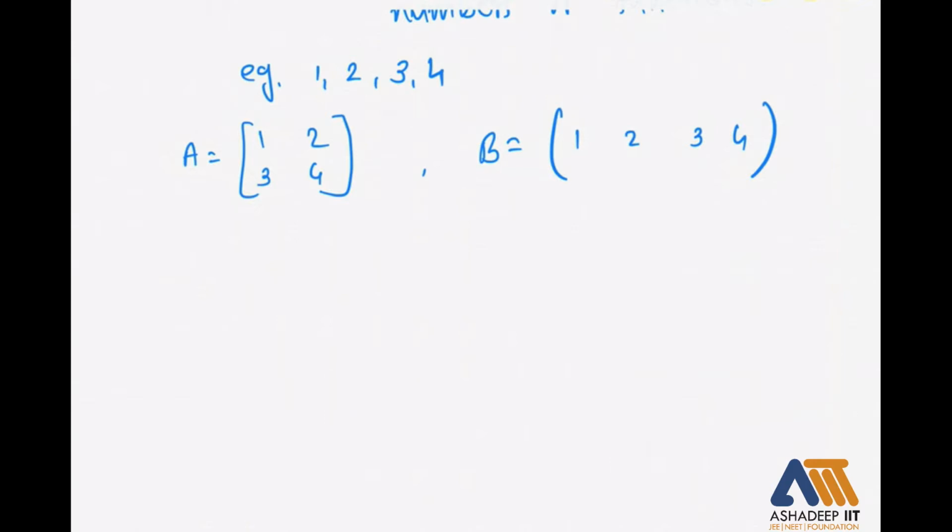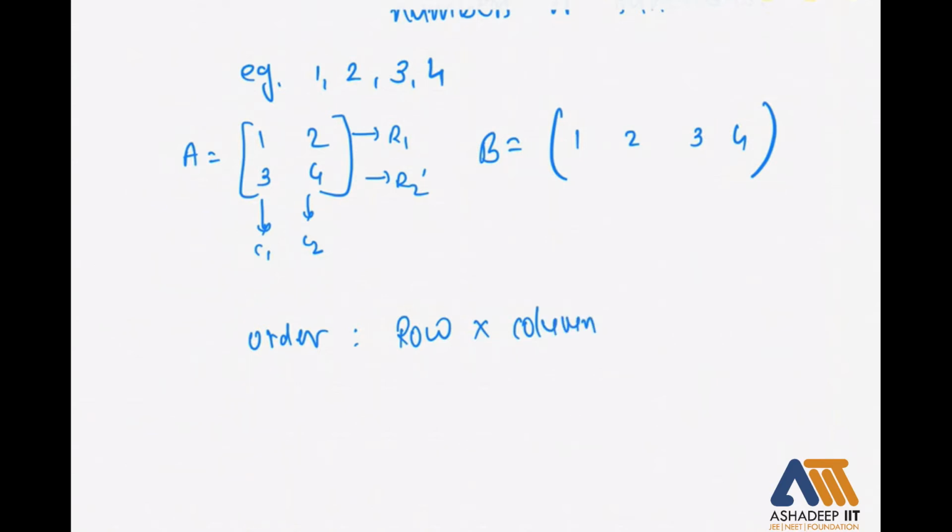Now if we consider the matrix A, then in this matrix A there are 2 rows, let R1 and this one R2, and there are 2 columns C1 and C2. So order of this matrix is nothing but the number of rows and number of columns present in the matrix.